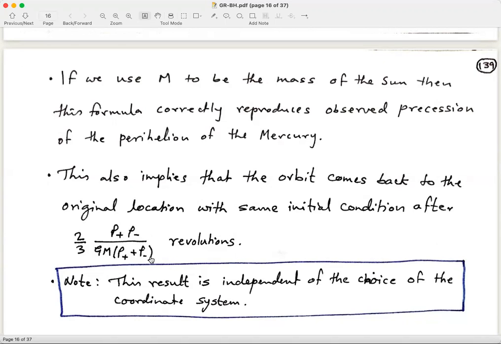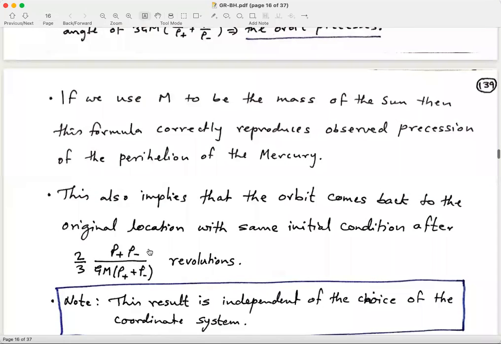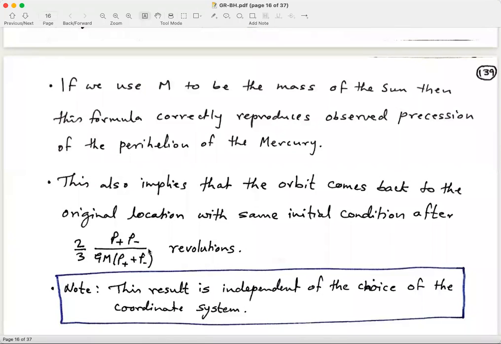Now, it may give you an impression that this calculation is coordinate dependent, but in fact it is not. One can choose any other coordinate system and you will find that the precession of the perihelion is still given by the same factor. Of course, the variables would be different simply because you are choosing a different coordinate system, but it's a physically observable effect and it's independent of the choice of coordinate system you have.